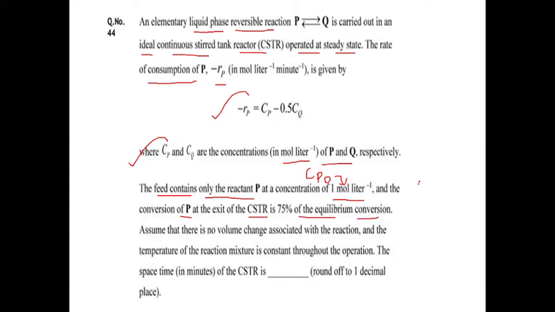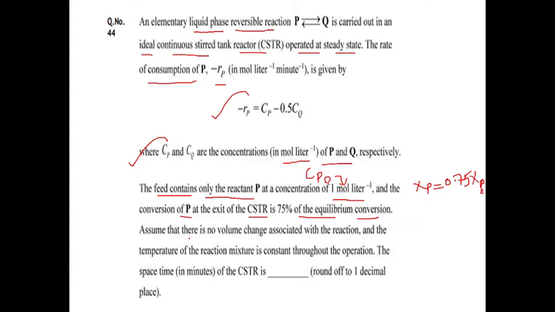Meaning of this, the conversion, that is XP, is equal to 0.75 times the equilibrium conversion, XPE, where E represents the equilibrium.